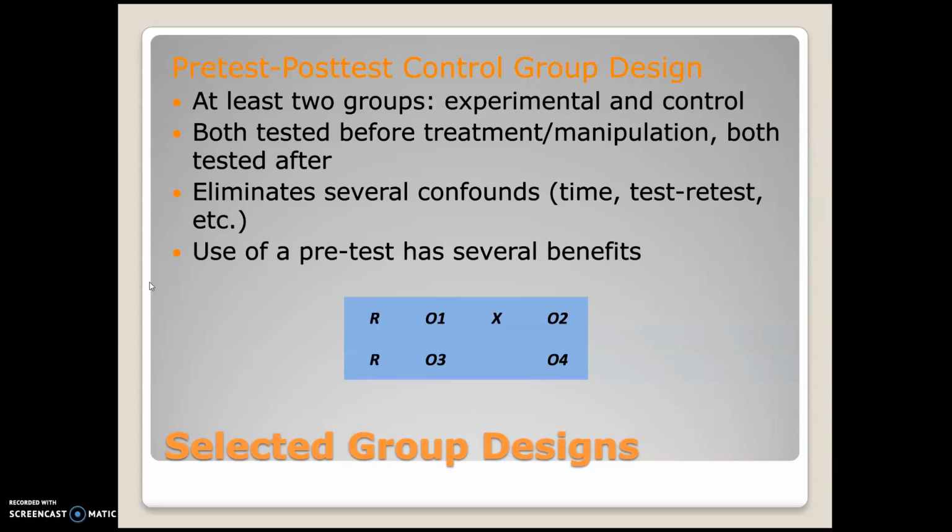X is the treatment or manipulation, and notice only one group is getting it. Only the top group is getting the X. And then O2 and O4 are the post-test, post-treatment, post-manipulation test. That's how I'd ask you to label it, and we'll pick up the description of it in just a moment.